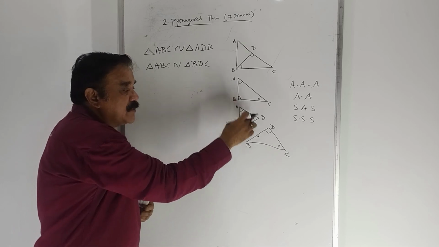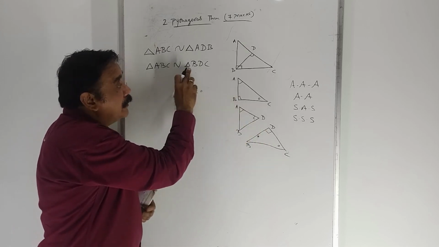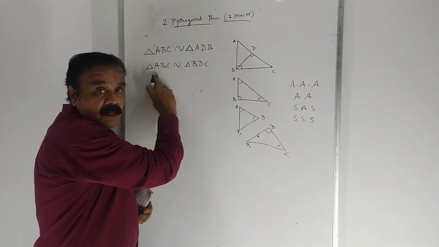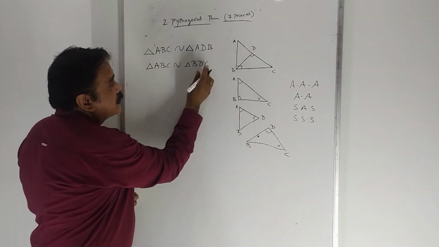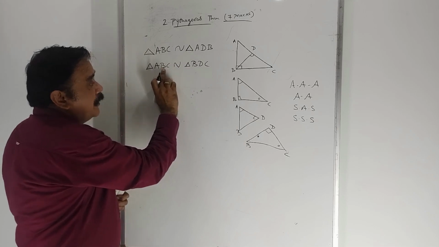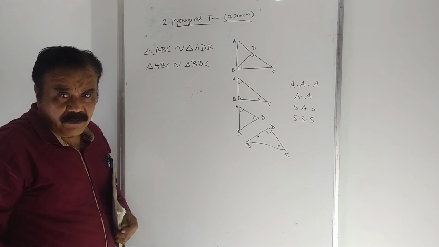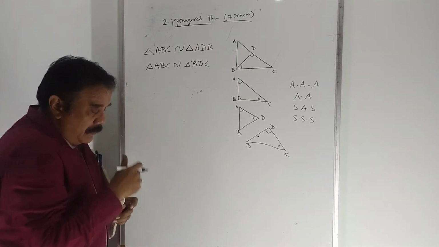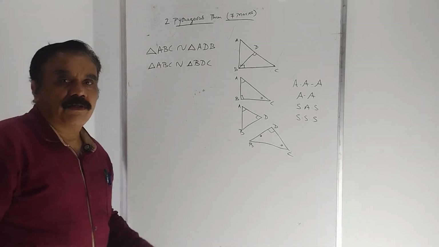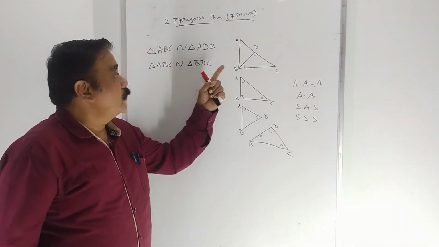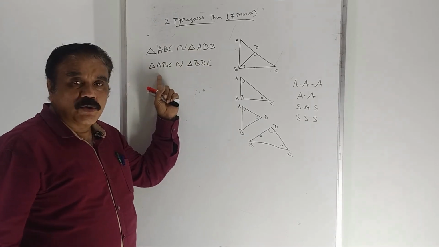And in this also B is congruent to D. Now remember, whatever name you take, it should be one-to-one corresponding. So here C is congruent to C and B is congruent to D, and then A and B. Is that clear?